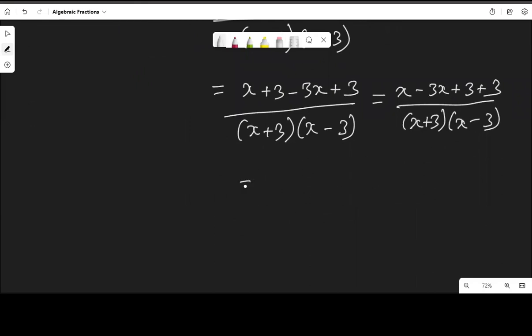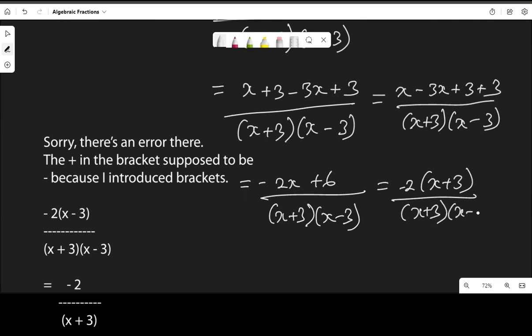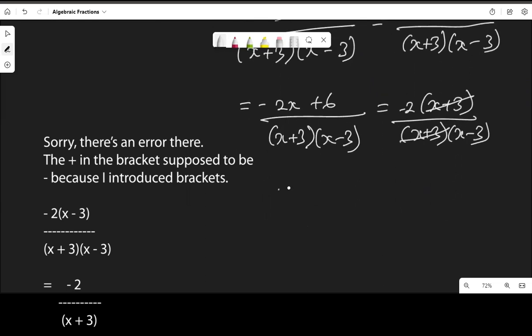X minus 3x is minus 2x. Then 3 plus 3 is 6 all over x plus 3 and x minus 3. 2 is common here, so we factor that: minus 2 times x plus 3 over x plus 3 times x minus 3. So x plus 3 will be gone. We'll be left with minus 2 over x minus 3. That's our final answer.